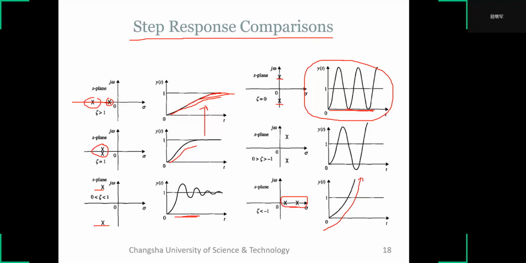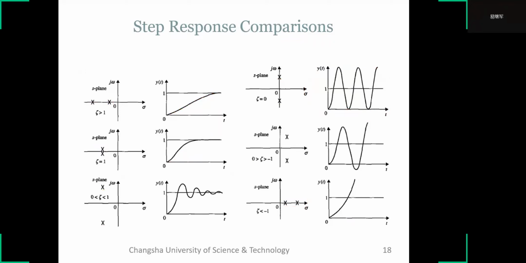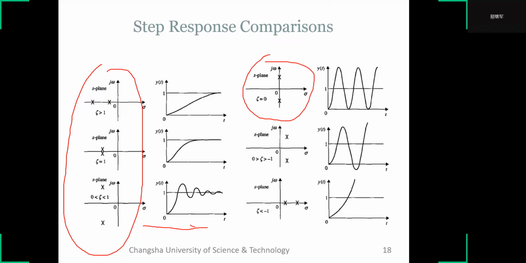Here, as we have introduced, if the real part of the pole is less than zero, the system is stable. If the real part of the pole is equal to zero, the system is marginally stable.